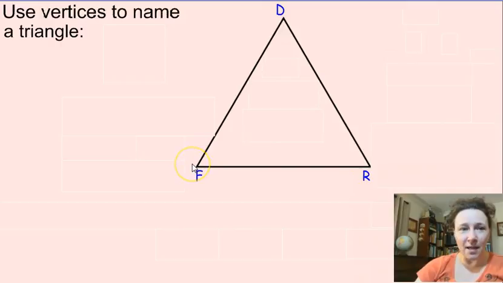I could use any order I want, and this rule is only true for triangles, not for shapes with more than 3 sides. So FDR is one way to name this triangle. FRD is another way if I want to go in the opposite direction.